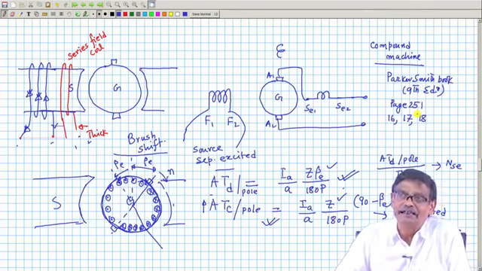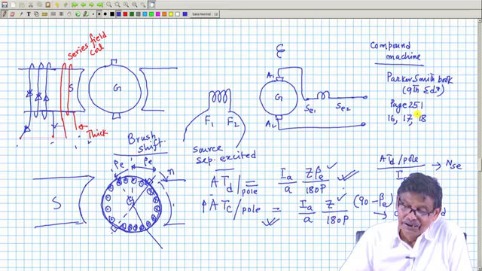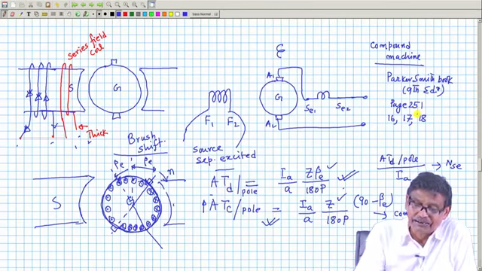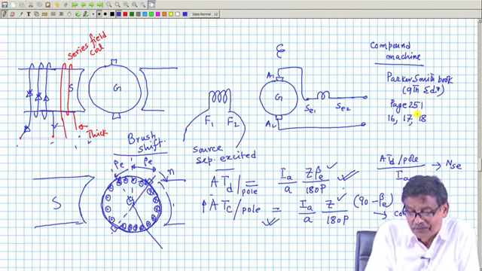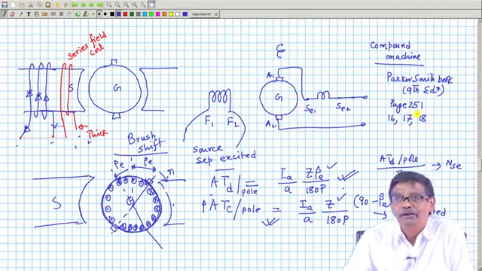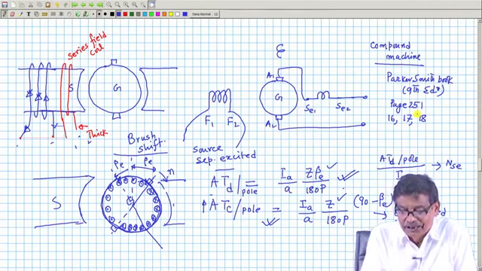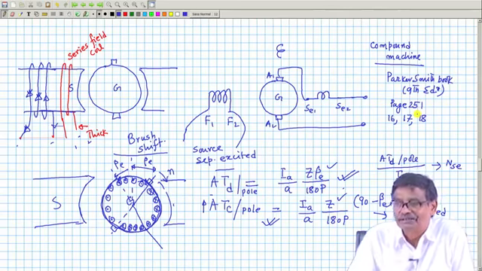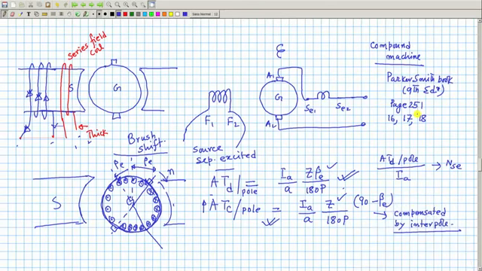Somebody even says that instead of connecting a series field, you make an arrangement of extra shunt field turns. When the machine is loaded, you increase the MMF of this by increasing the field current.